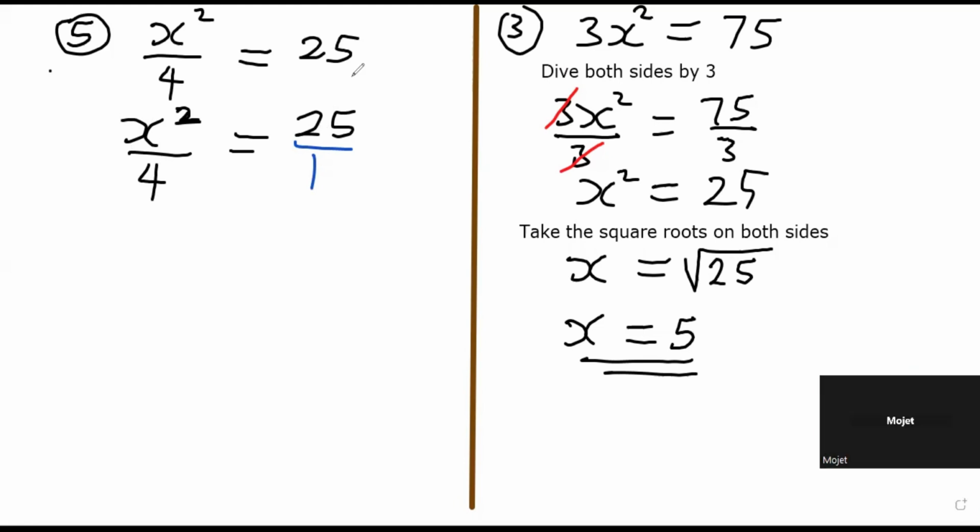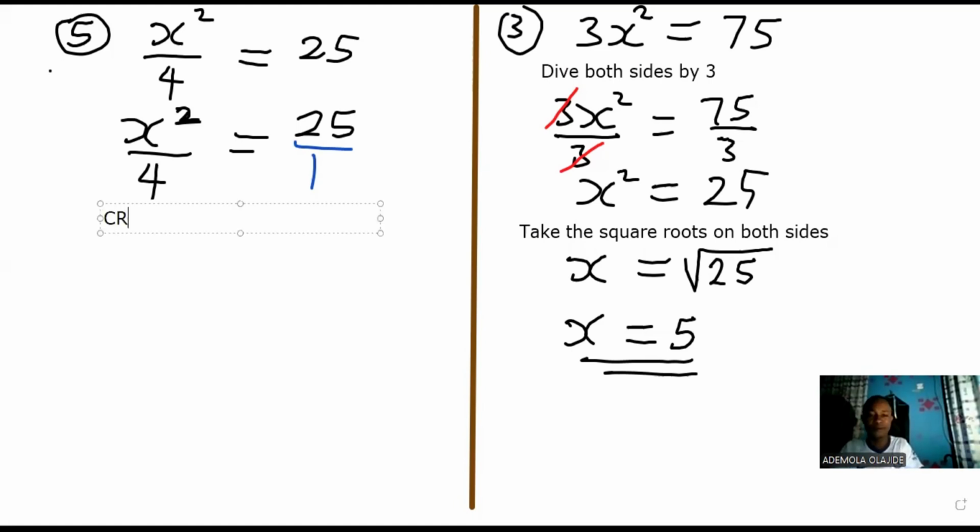So when you have something like this, the next thing you do to clear the fraction is cross multiply. This implies that this x squared will multiply this 1, and this 4 will multiply this 25.